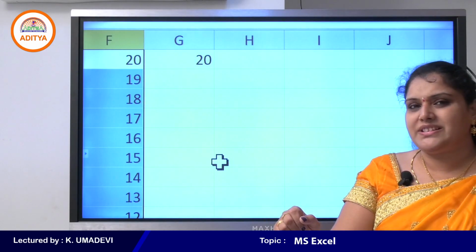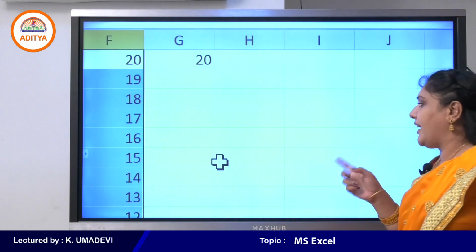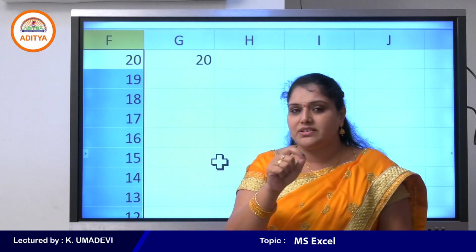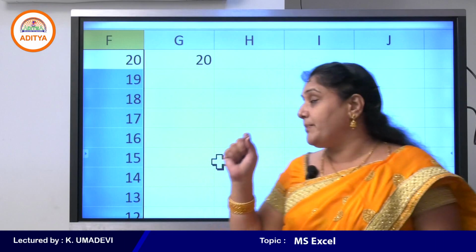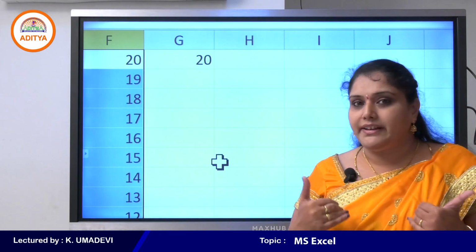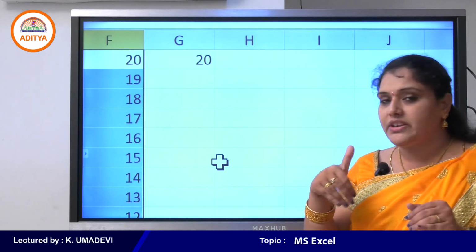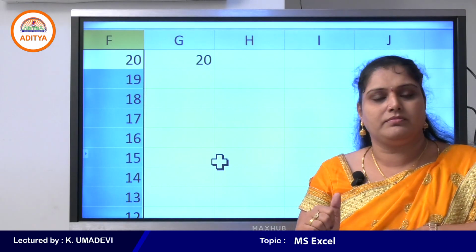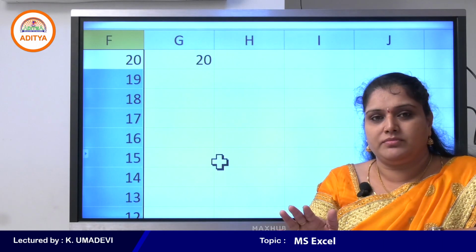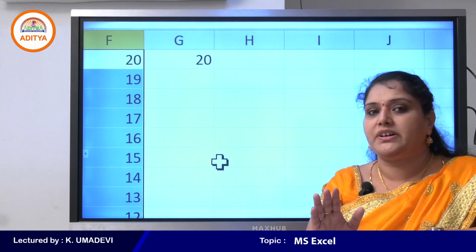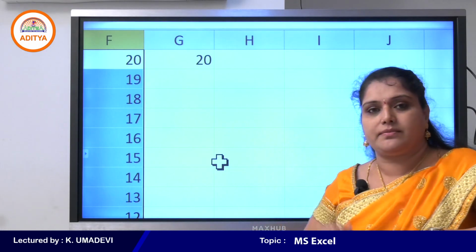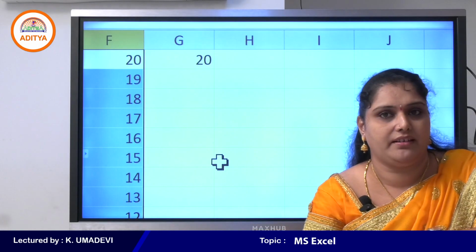So now the series is 20, 19, 18, 17. Why? Because the difference between the first two numbers is a decrement by 1. So again 19 minus 1, 18, 18 minus 1, 17, 17 minus 1, 16. Like this we can increment and decrement the series. Based on the first two numbers, Excel automatically fills the series with the help of fill handle.